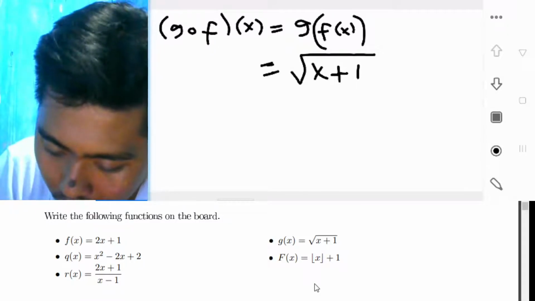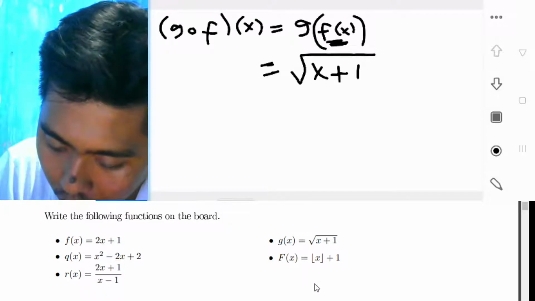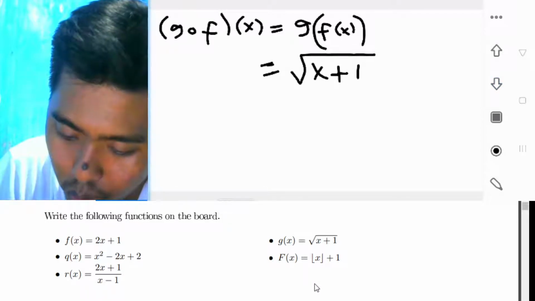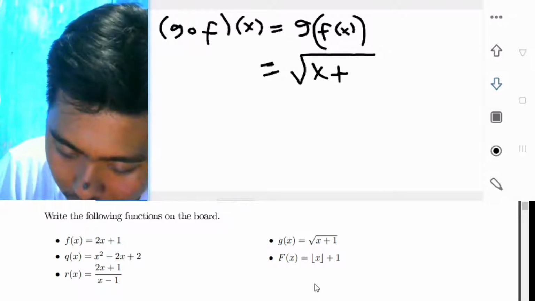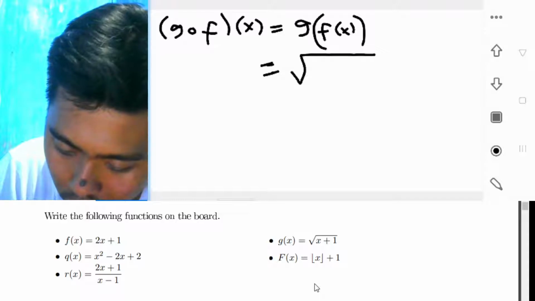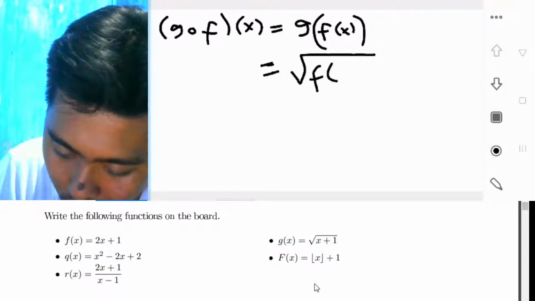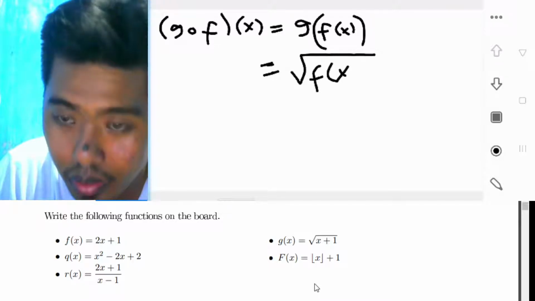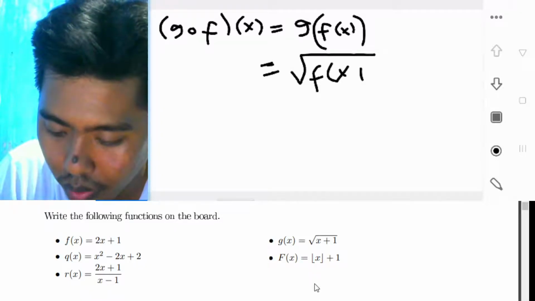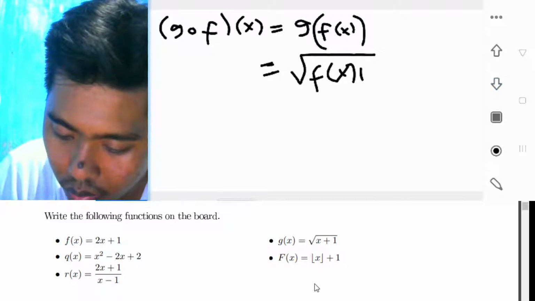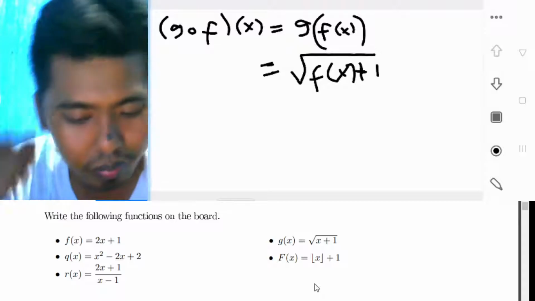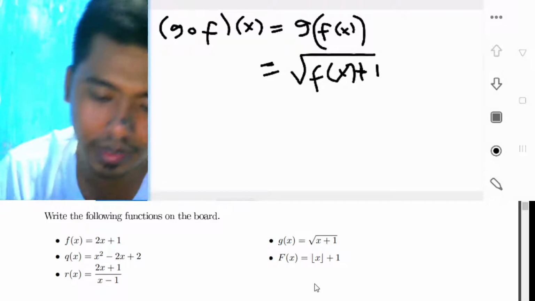Since there is a composite of f of x inside, we will change the x into f of x, then continue the plus 1, because that is the original equation of the function g, or g of x.